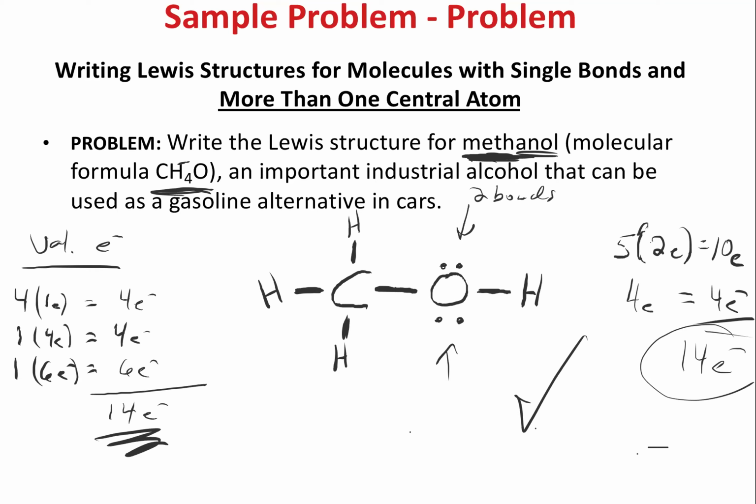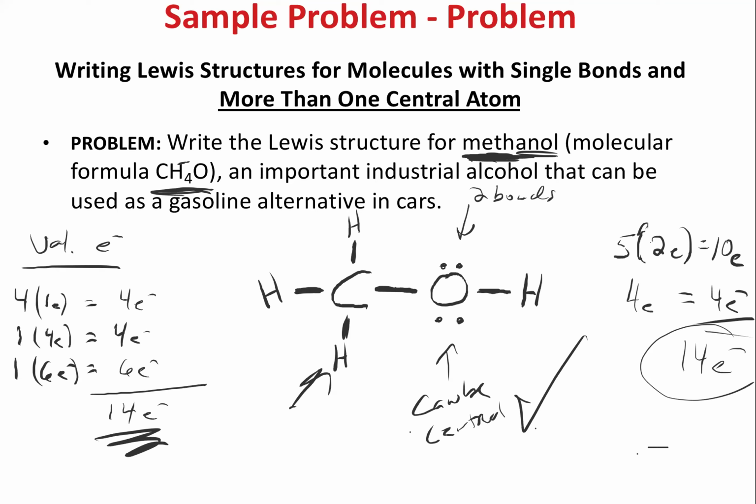Implied in this sample problem are a lot of really common trends that we're going to see a lot in these types of problems. You can almost use pattern recognition to help you along the way. Hydrogen is always going to form 1 bond. Oxygen likes to form 2, and typically we'll have 2 lone pairs. Oxygen can be a central atom.